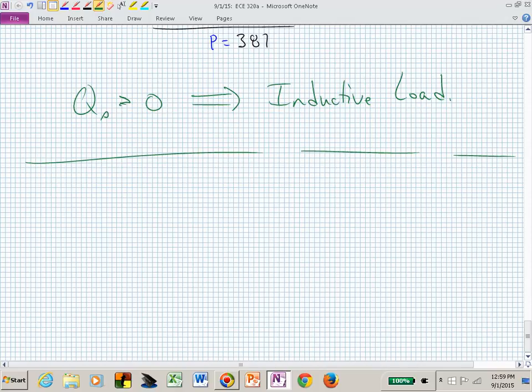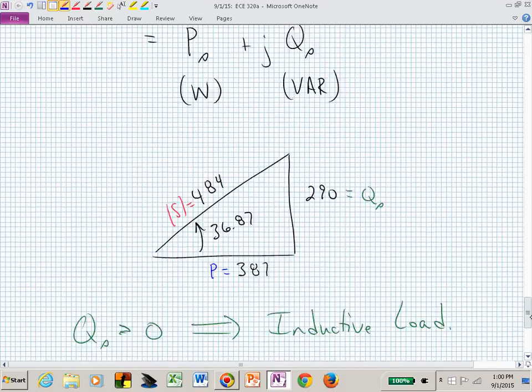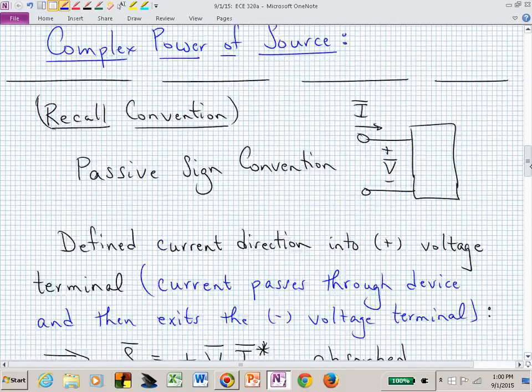So now we want the complex power of the load. And if I label that S, capital S sub capital L bar, what right-hand side would I use? Give me the power formula for absorbed power.